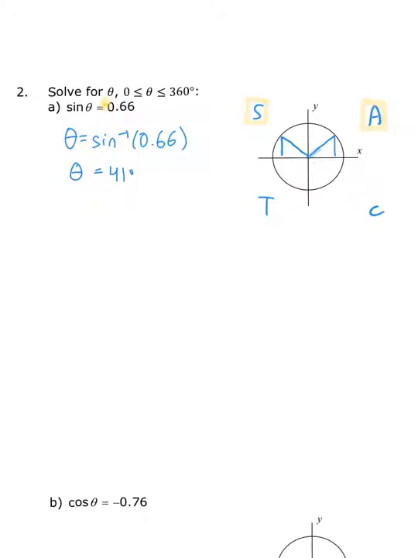I'm going to call that my reference angle. My reference angle is the angle I get with my calculator. 41 degrees lies between 0 and 180, so it is this solution here. So my reference angle is a solution. It may not be, but in this case it will be. We will see in another example when it is not. So that means this angle here is 41 degrees.